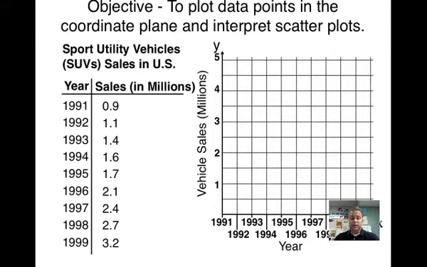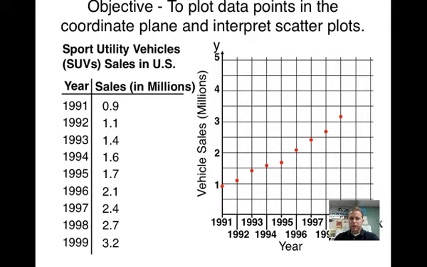The bottom axis, also known as the horizontal axis, is the years. So we start plotting our points in 1991. It was 0.9, and then we had 92 is 1.1 million, 1.4 million, 1.6 million, 1.7, 2.1, 2.4, 2.7, 3.2.